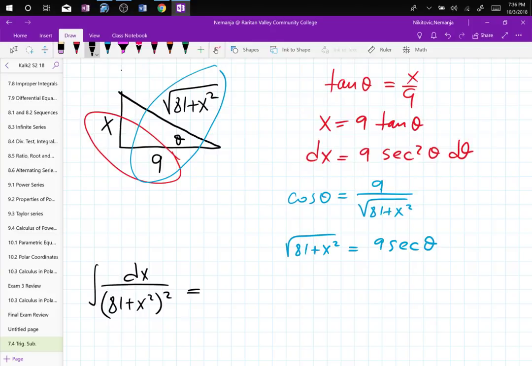So now, our dx, guys, is 9 secant squared theta d theta divided by, and if you look at the denominator, there is no square root, right? So how do I go from a square root to a square?